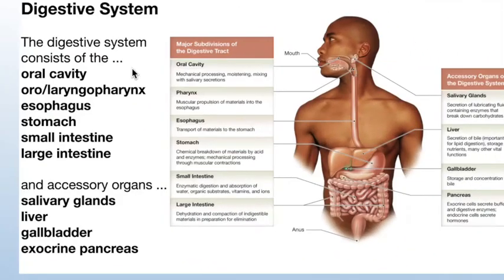The digestive system consists of the oral cavity, the oropharynx and laryngopharynx, the esophagus, stomach, small intestine, large intestine, and anus, and accessory organs: salivary glands, liver, gallbladder, and exocrine pancreas.